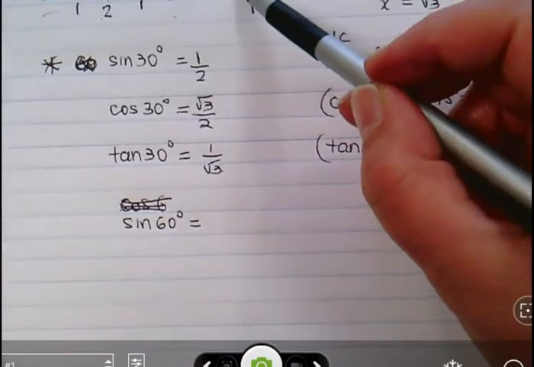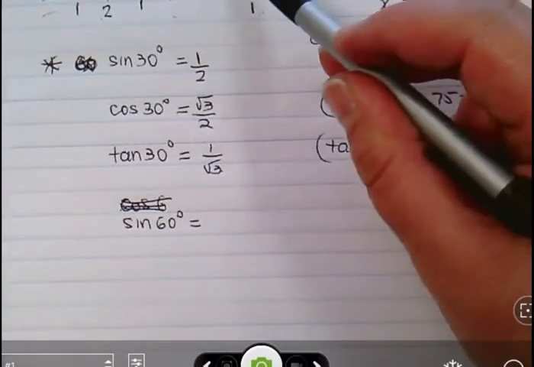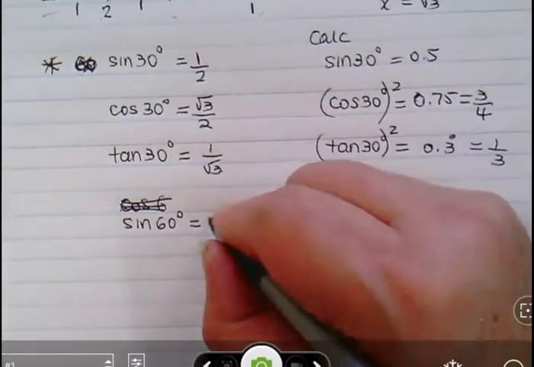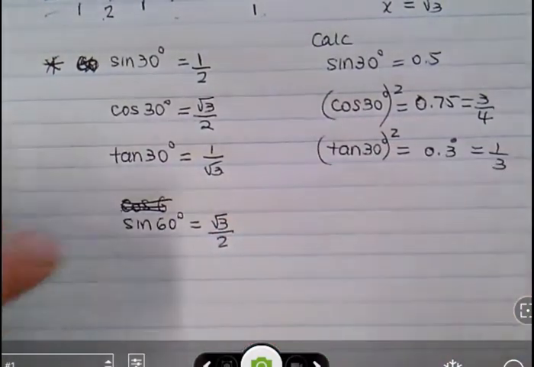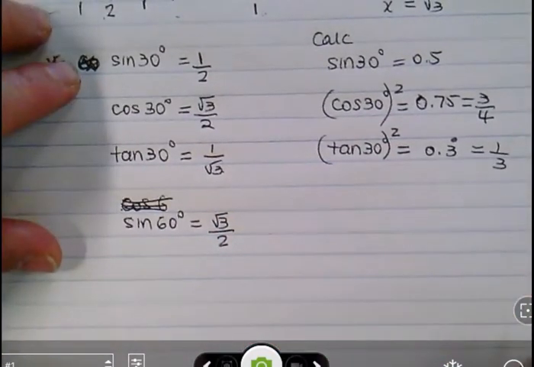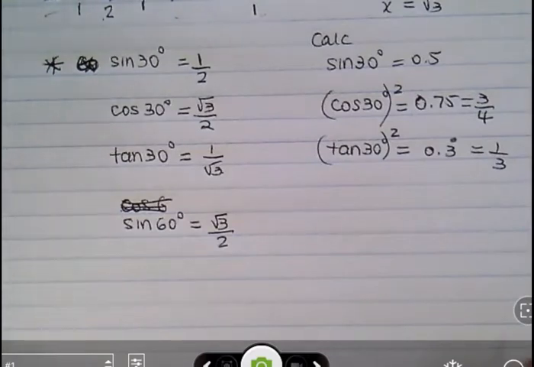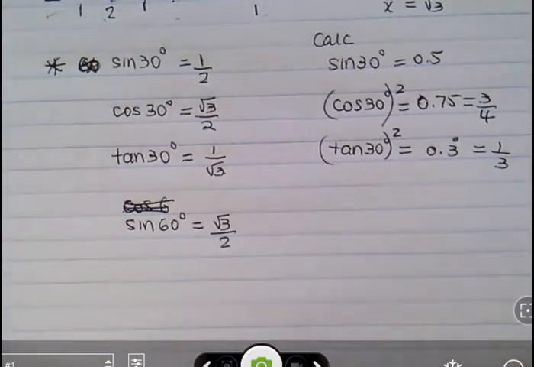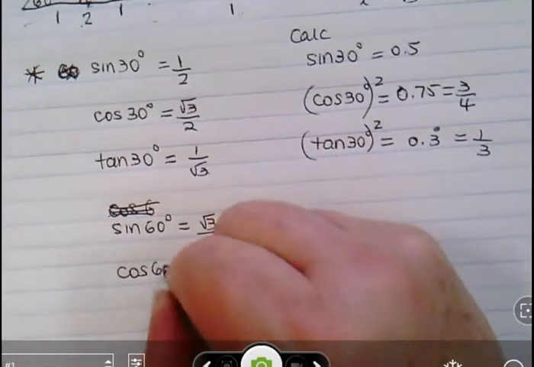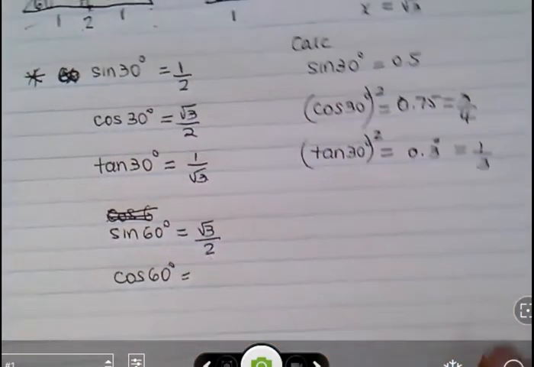But let's have a look. Sine of 60 is opposite over hypotenuse, so it's root 3 on 2. Notice that sine of 60 equals cos 30. 60 and 30 add up to 90. They're complementary. Cos of 60 should be the same as sine 30.